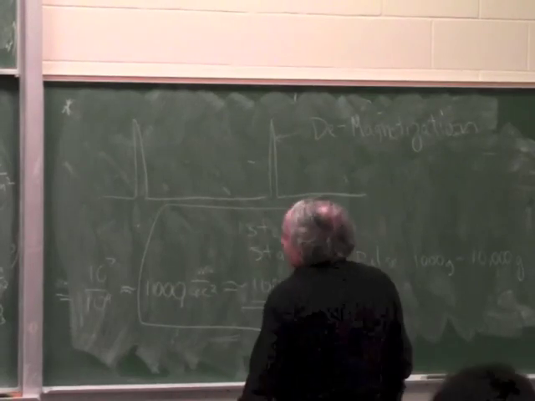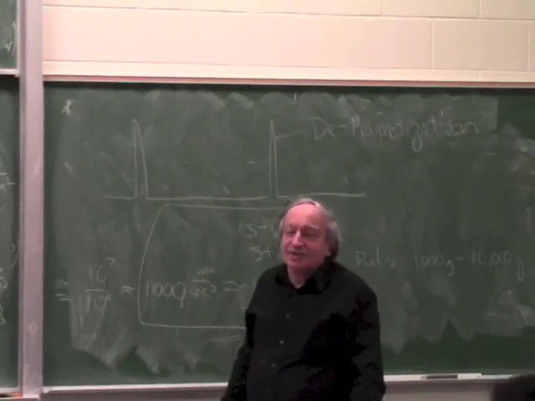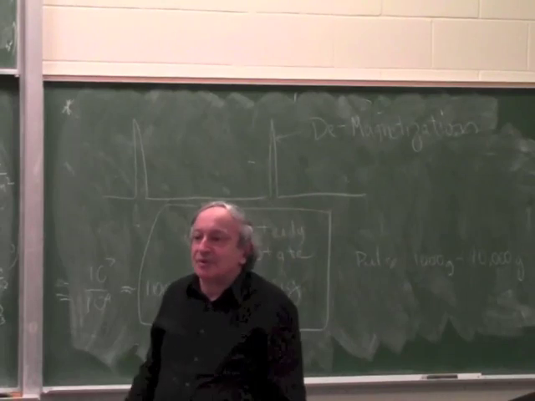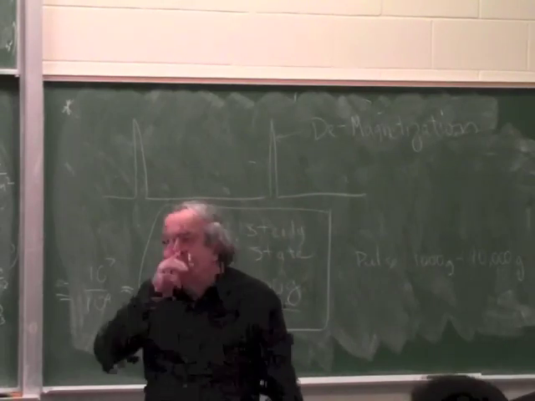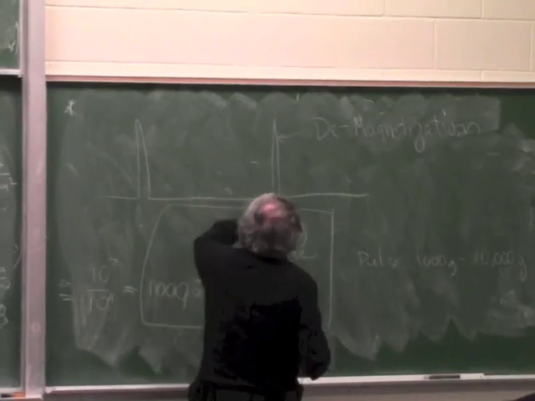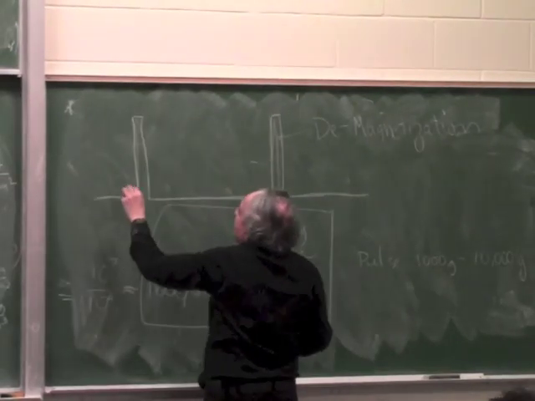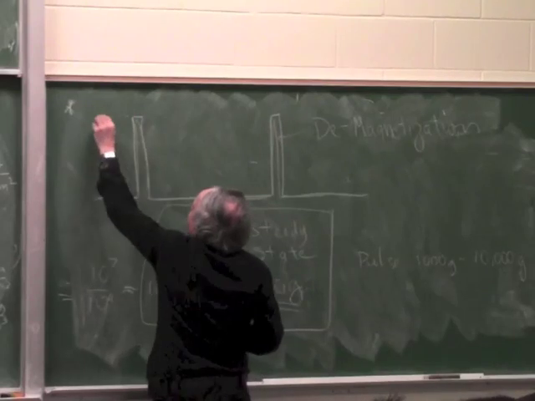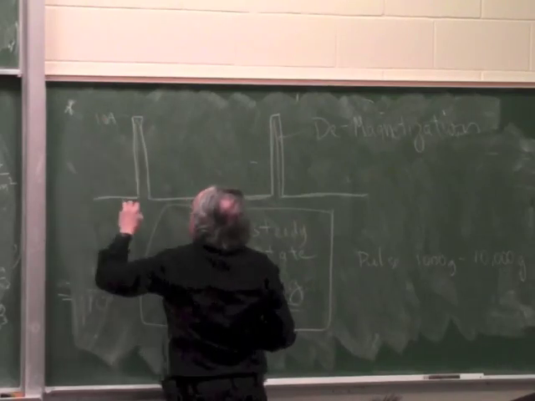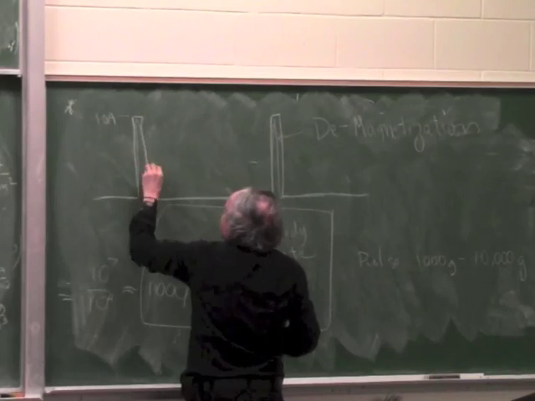The last thing I wanted to point out, and this is something which I find most students don't understand: if you have a current like this, let's say you have 10 amp, and this is 10% of the time.